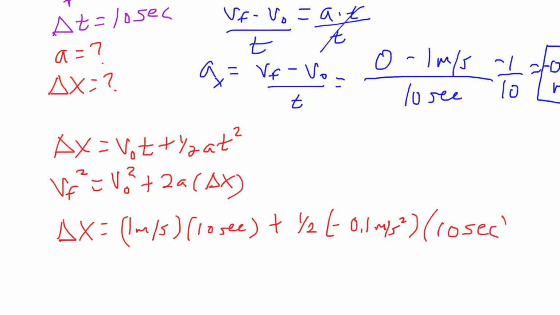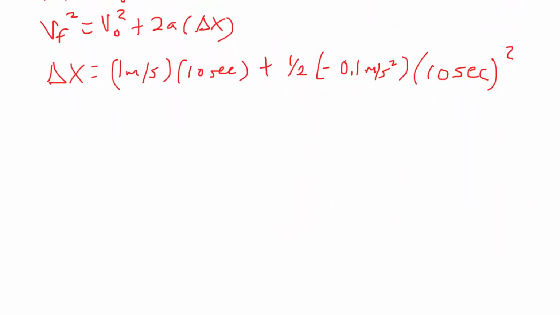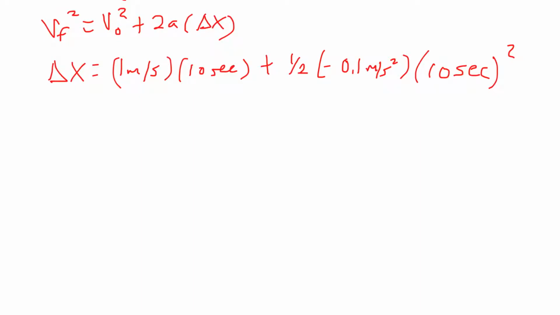Alright, so here we need to pay attention and follow our order of operations. We need to do our exponent first. So you need to do your 10 times 10. So we're going to get 100 because we squared the number, and then we have to square the seconds. You square everything inside the parentheses, so we get 100 seconds squared.